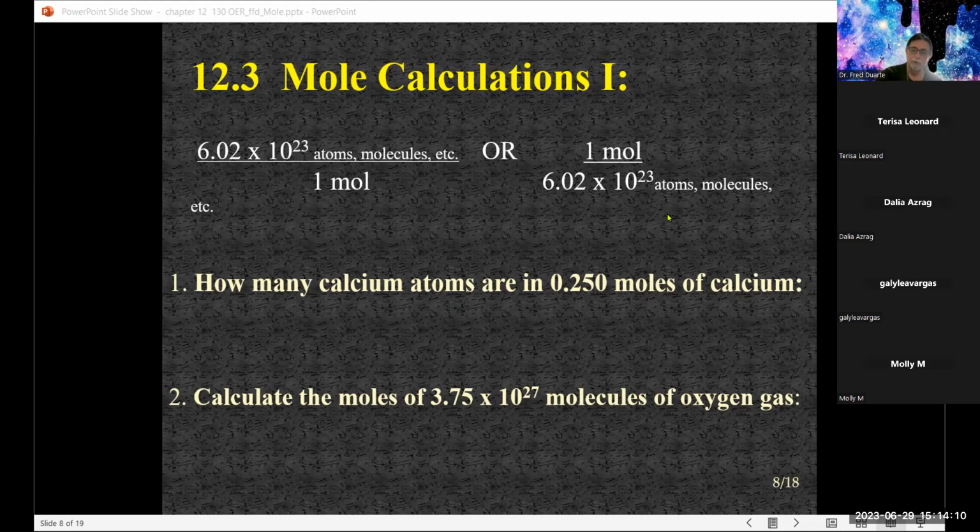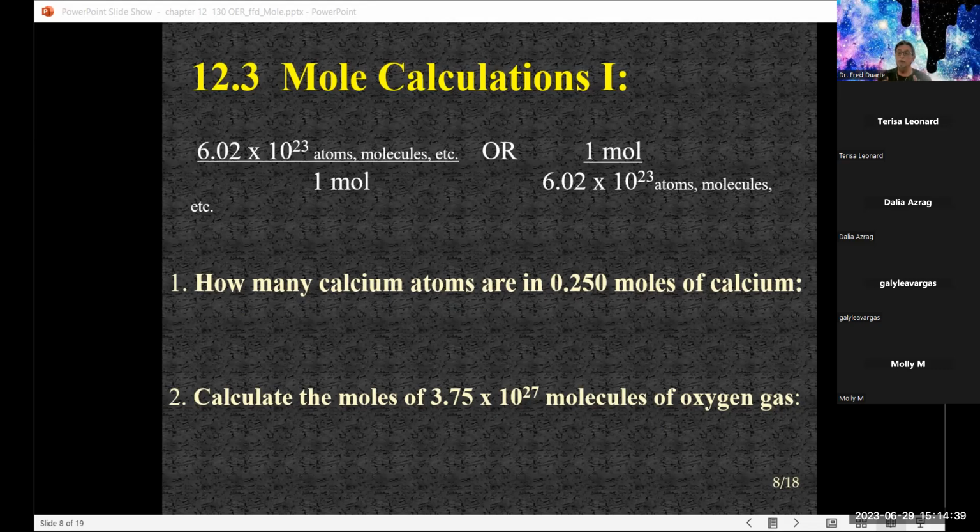Okay, so the first question says, how many calcium atoms are in 0.25 moles of calcium? Now we attack this problem like we did before with the unit conversion. We're bringing that factor label in here. No different, we're just going to be using different numbers. The first step we did was what?